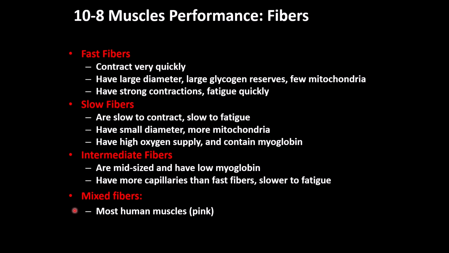The type of fibers is also related to underlying genetics. That's why athletes going through the same type of training, some are better than others because they may have better genes.